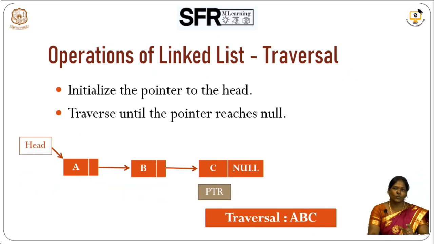Then that pointer traverses all the nodes one by one till it reaches the null value. At each node we print the data field value. So you can see that the traversal of this particular list is A, B and C.